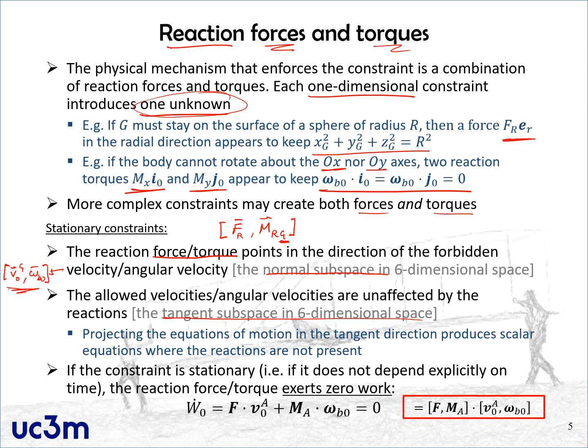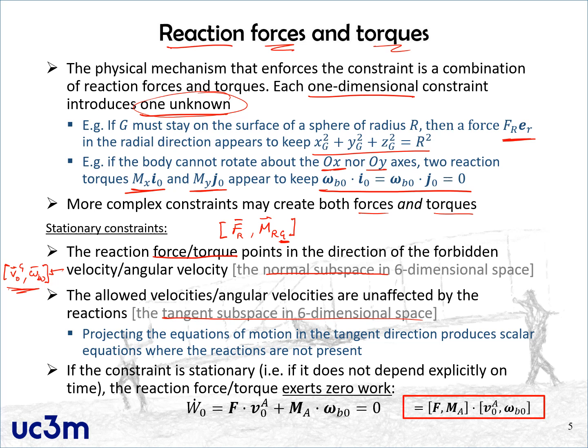We know, as we did in the case of point particles, that once we have the equations of motion of the problem, if we project them along the directions of the tangent subspace, the resulting scalar equations will be equations where the reaction unknowns will not appear. So this is exactly the same here.